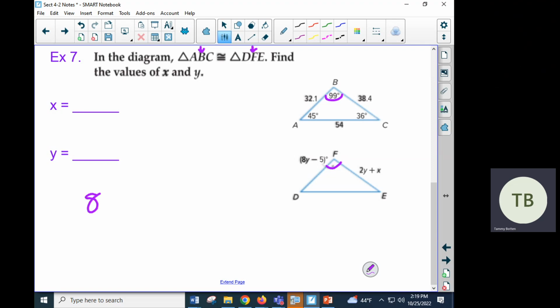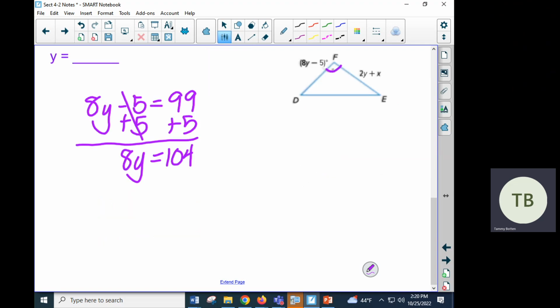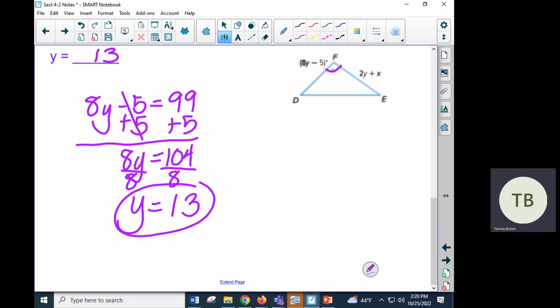So 8y minus 5 is going to equal 99 because they both come in the middle. Then I'm going to add 5, and I get 8y equals 104. Divide by 8, and y would be 13, I believe. So that's that answer.